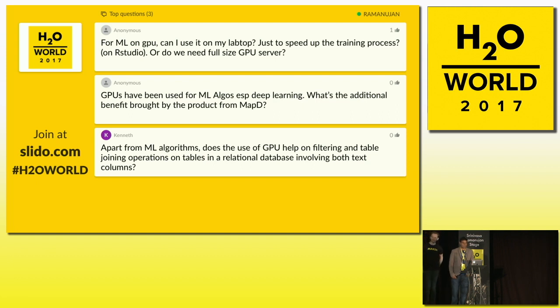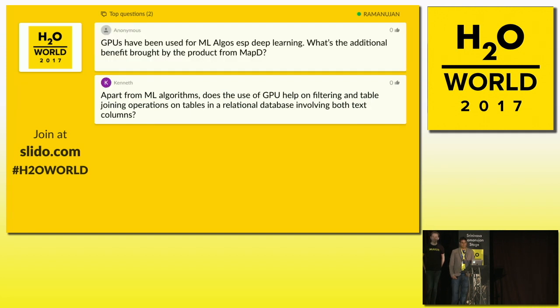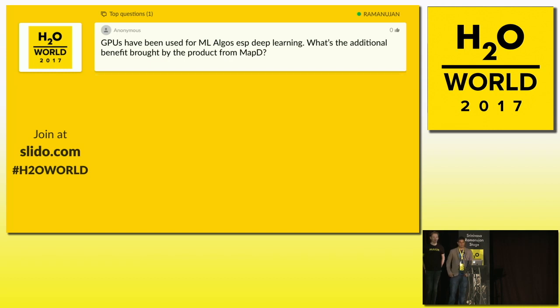Feel free to check out MapD. We have an open source core database that does this, and it's an open source product which people are using to take care of these operations. The thing about text fields is they tend to be variable length and not very well suited for GPUs. There are ways around it, but right now, a combination of fixed encoding, if you're able to encode text into categorical variables, so that you can use it more performantly on GPUs.